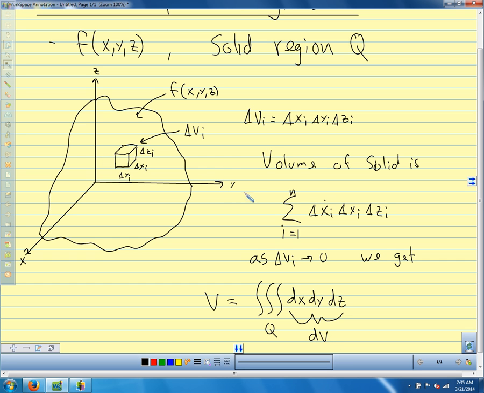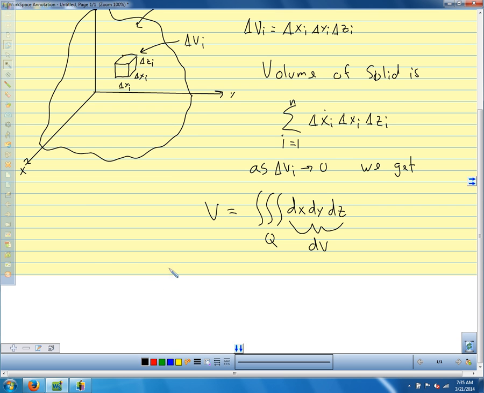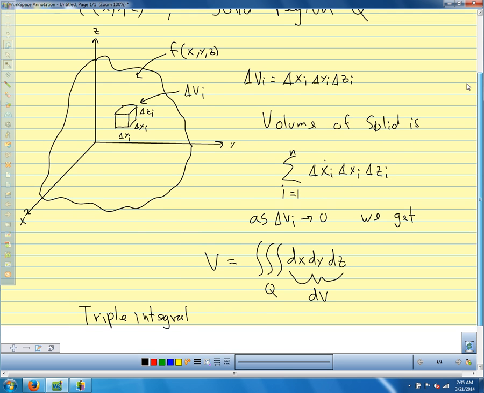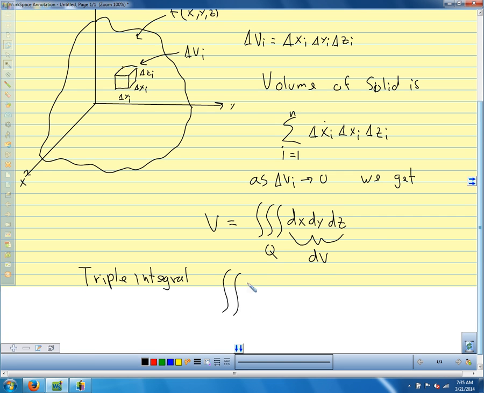If we have some function that we're multiplying by delta x sub i, delta y sub i, delta z sub i, say f of x sub i, y sub i, z sub i, a density function, something like that, our triple integral would be the triple integral over our region of f of x, y, z dv.